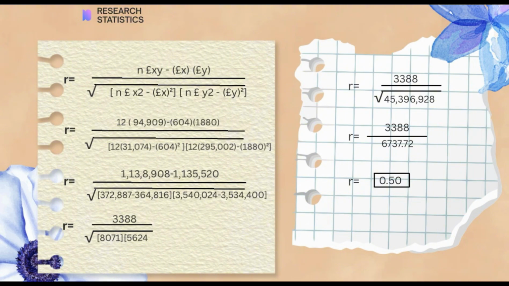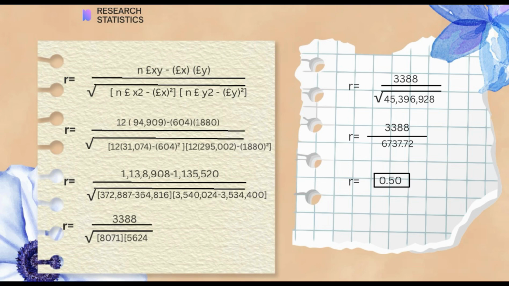Next, we calculate the numerator of the formula. This involves multiplying the number of data pairs by the sum of xy and then subtracting the product of the sum of x and sum of y. After solving this part, we obtain the value shown at the top of the fraction.